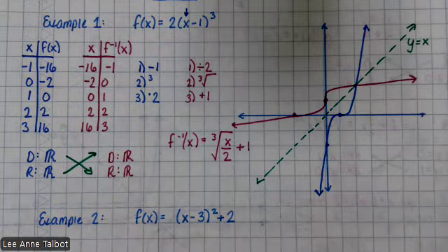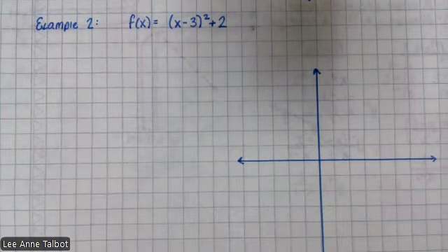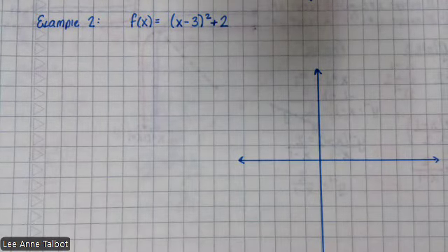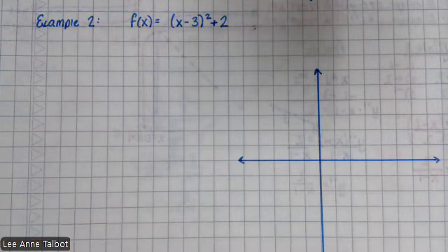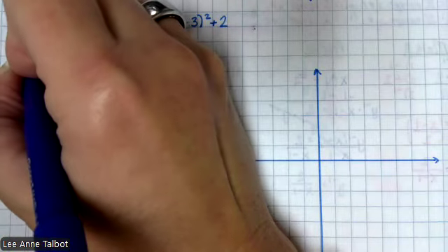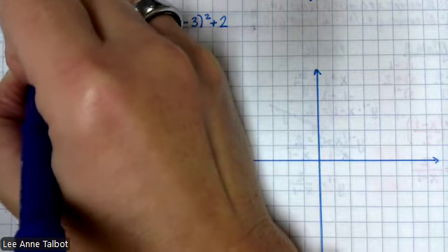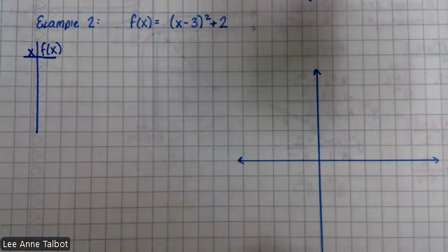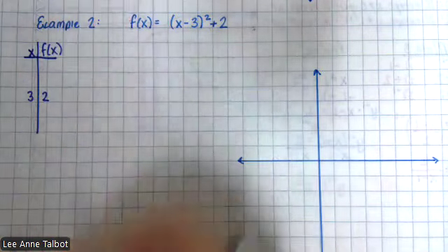Okay, let's get back on the ride and go again. This is the last one of these we're gonna do. Okay, what shape is this guy? A parabola with a vertex of 3, 2.